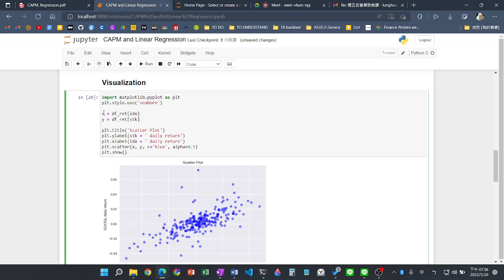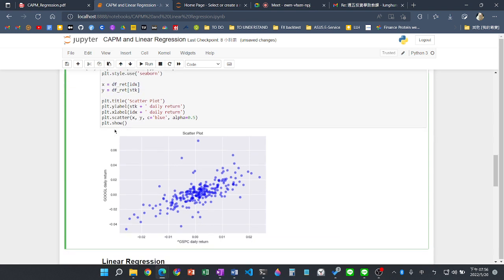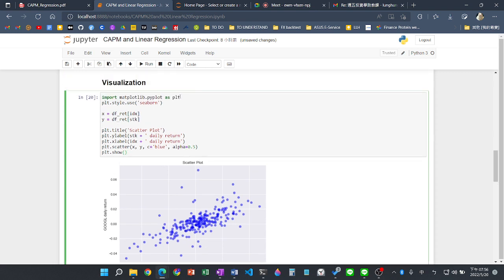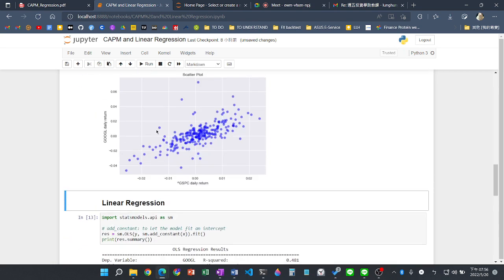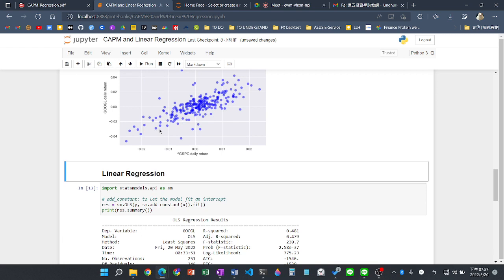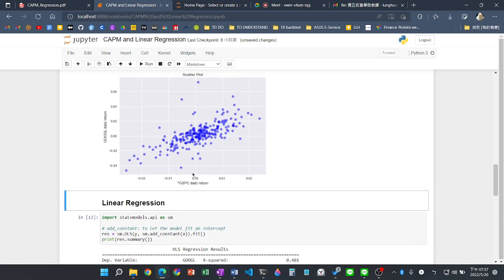You just specify the X and Y, which is just the data you want to show on this graph. And we'll use again the matplotlib package to draw. Okay, so now we have the historical data and we get a very nice visualization of it.